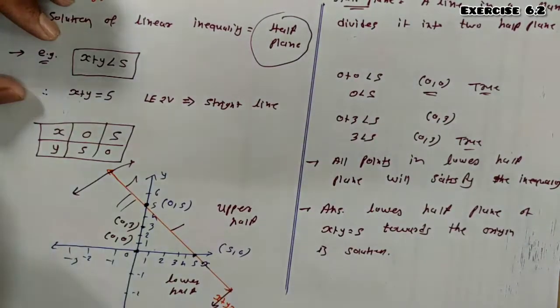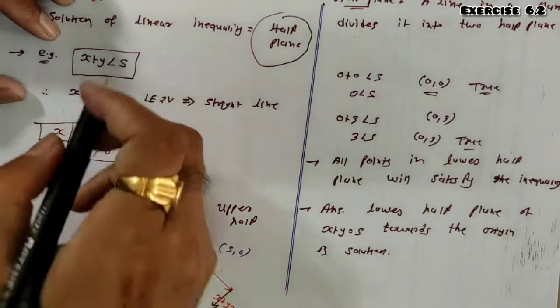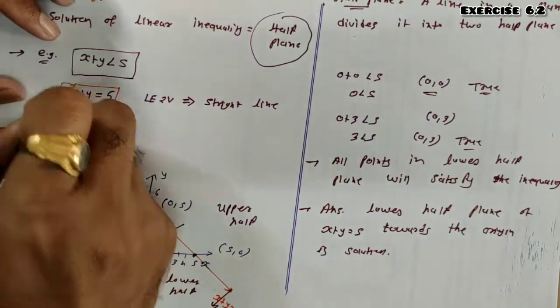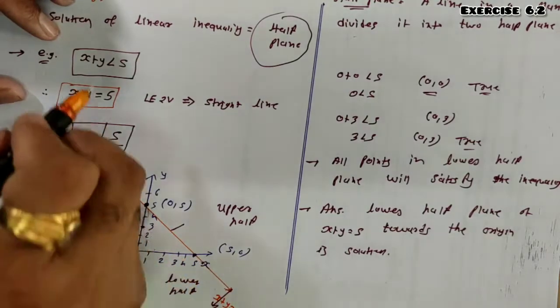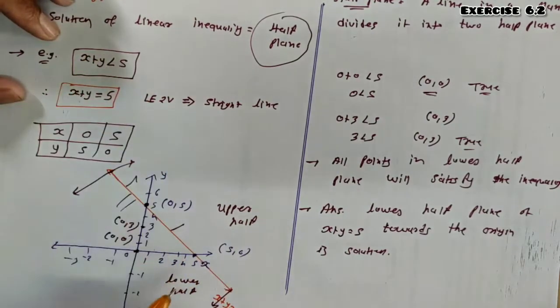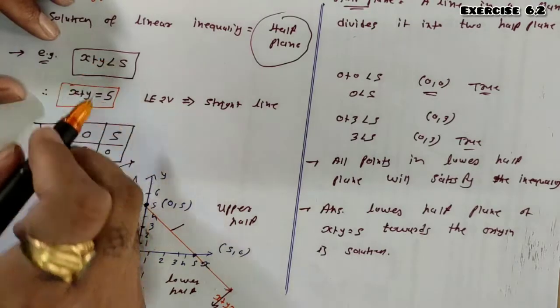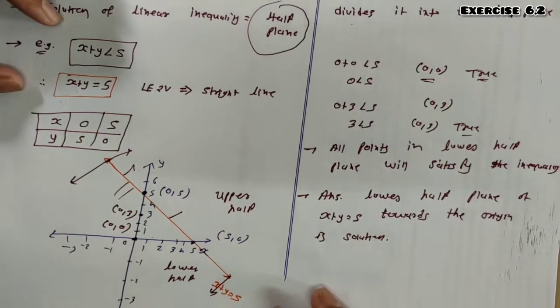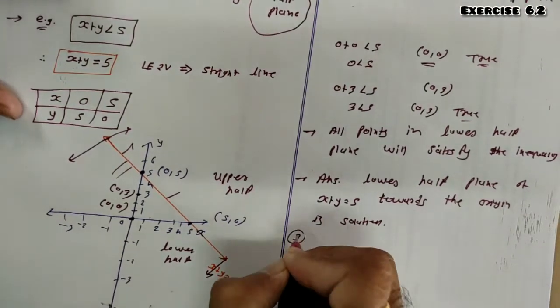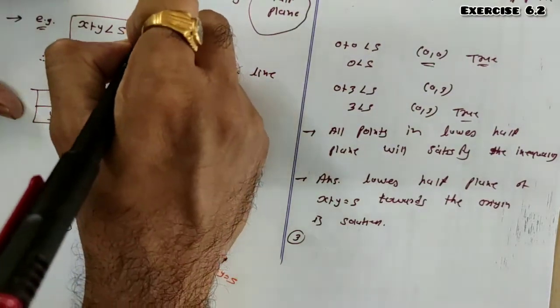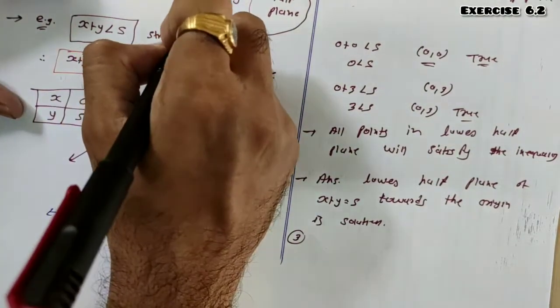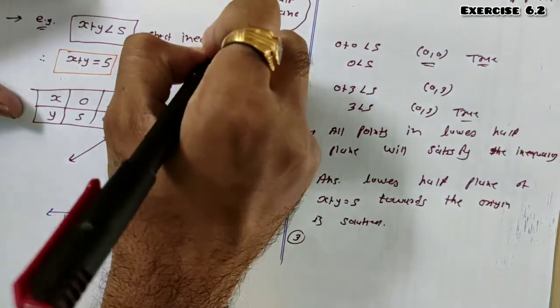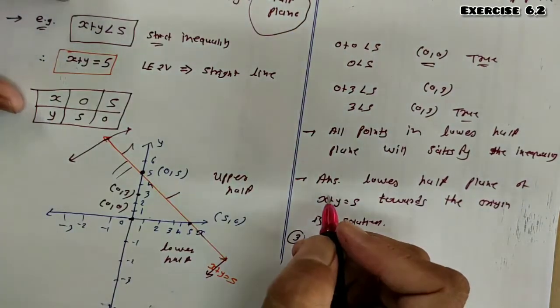x plus y less than 5. So here you can understand the solution of two things. Suppose x plus y equal to 5 is there, then the solution is a straight line. If x plus y less than 5 is there, then the solution of this linear inequality is the lower half plane of this line. Now the third case: here the inequality is a strict inequality.